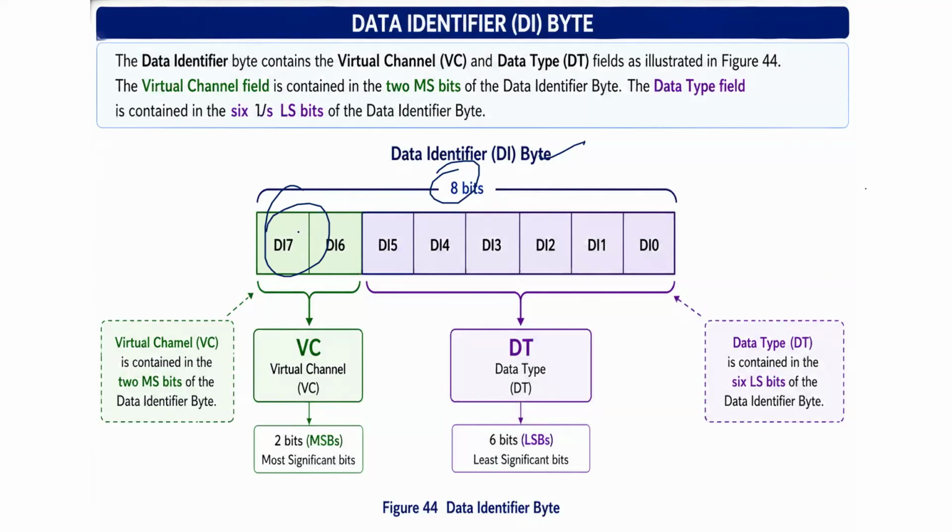What is the purpose we are using virtual channels for? It tells which camera you are receiving the data from, front camera or rear camera, or some sensors. Which transmitter you are sending the data from, that the virtual channel tells you.